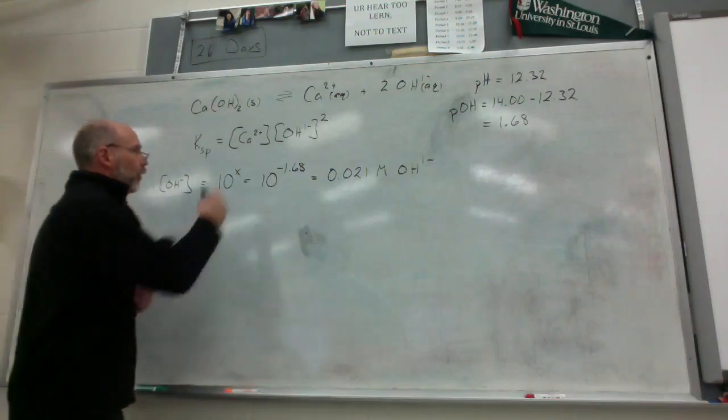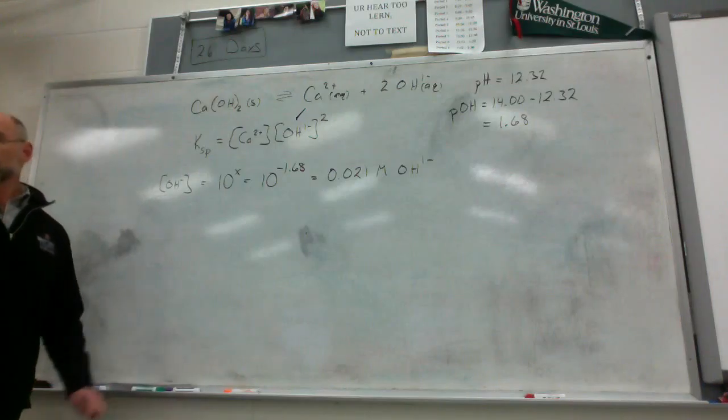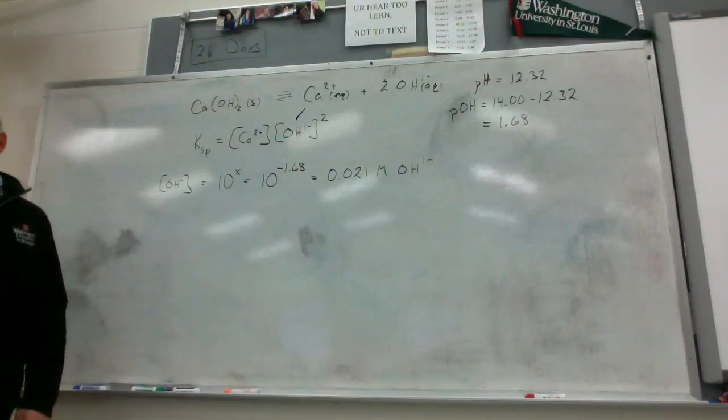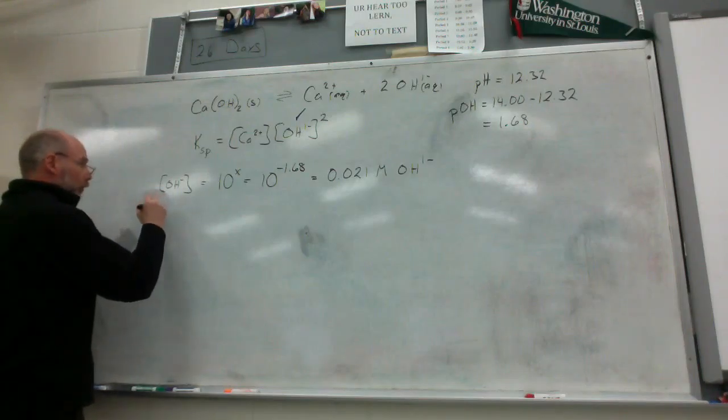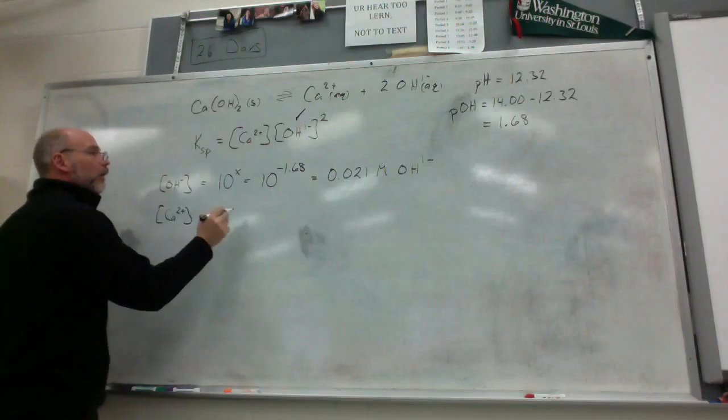So we now know this. What's the other thing we need to know? Well, the calcium ion. For those of you that do this in your head, you came up with half of that, right? But just because I know some people prefer this, I'll go ahead and do it.